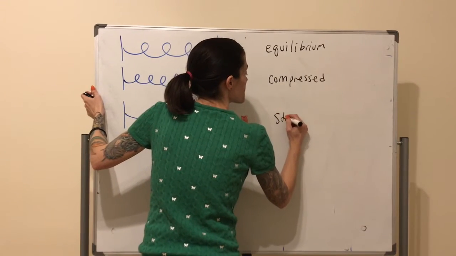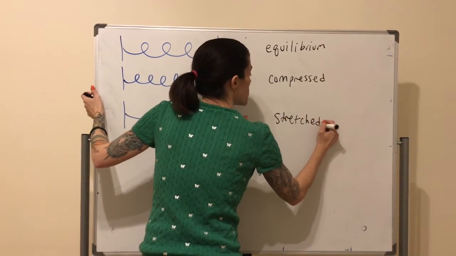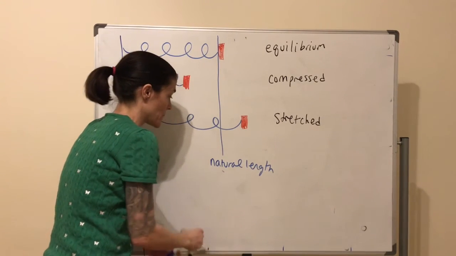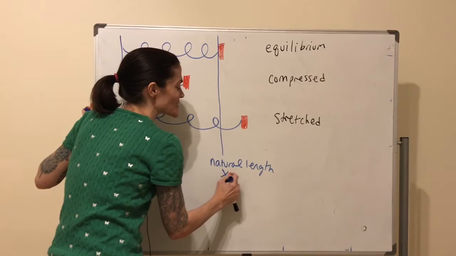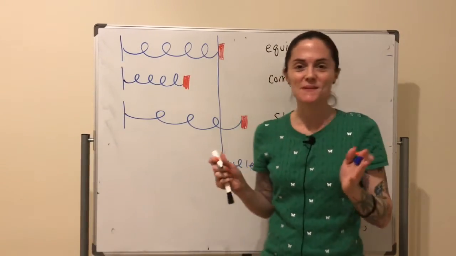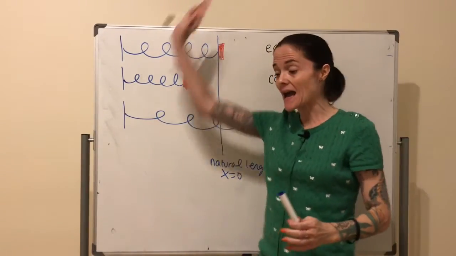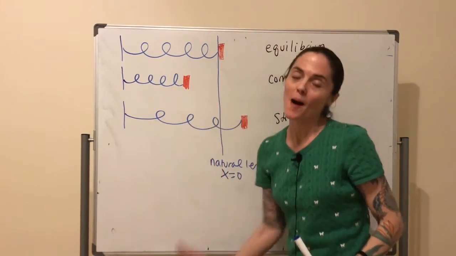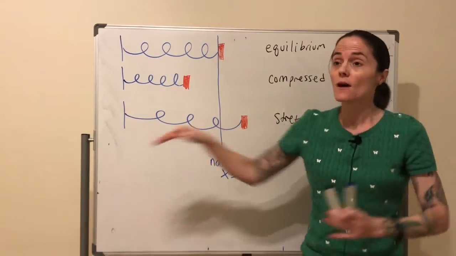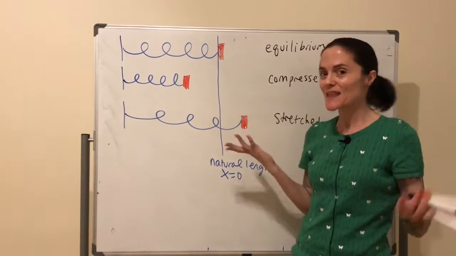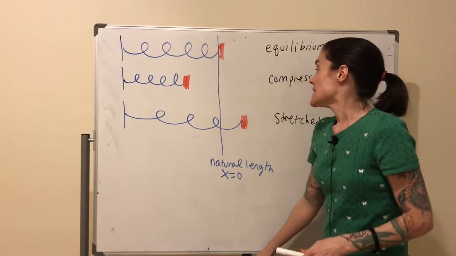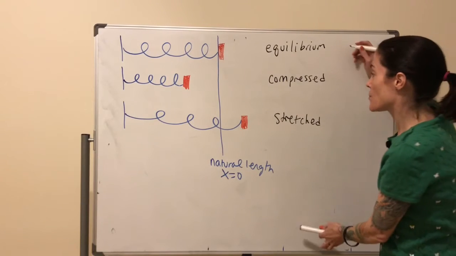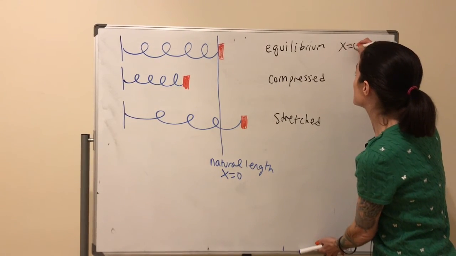Now, we typically refer to a spring's natural length as x equals 0. And remember when I was starting these work problems and I said I always put my axis based on what makes sense, and we've done a lot of lifting or pumping that was vertical. Here we have a horizontal axis, so I will label these with x's. So the natural length is thought to be x equals 0. If you are at rest or equilibrium, this would be x equals 0.